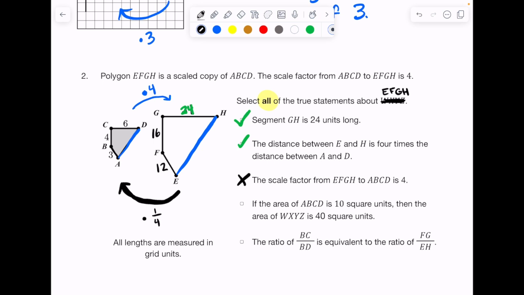All right, cool. Next, if the area of ABCD is 10 square units, then the area of WXYZ is 40 square units. So we're saying, I know this area is 10. Does that mean that the area of this has to be 40? Now, we might think that's true because we have a scale factor of 4, but we learned in class that area factor and scale factor are different.